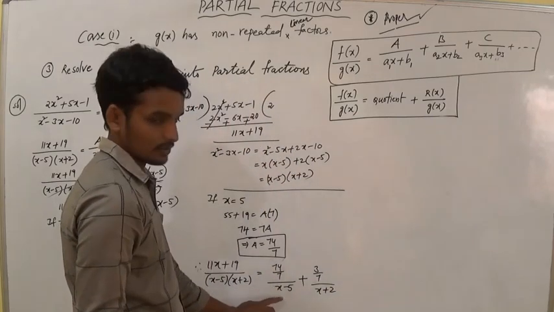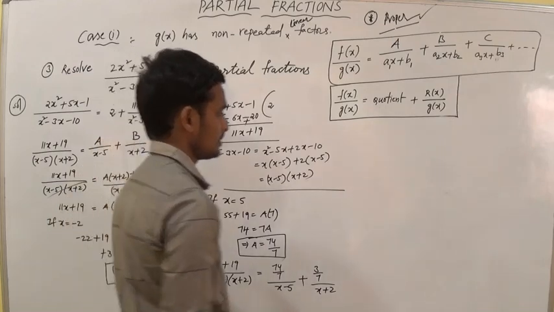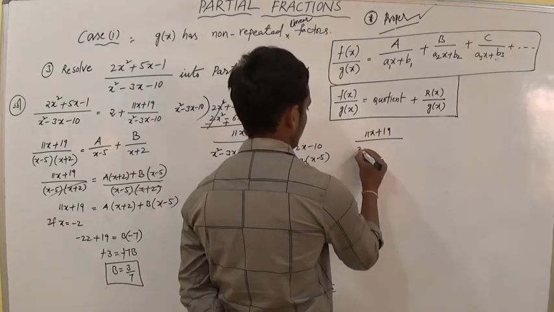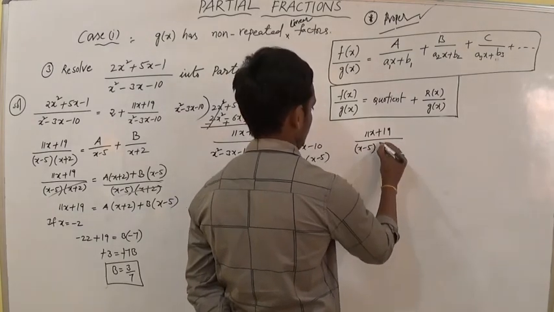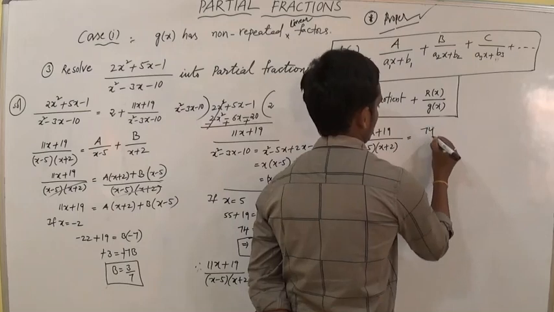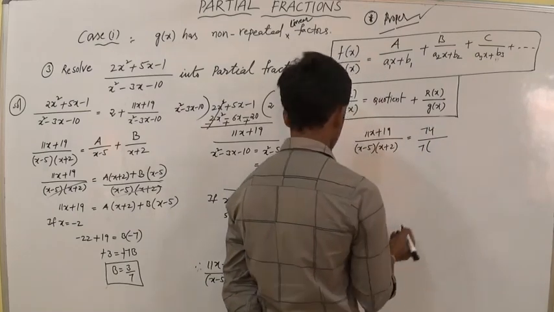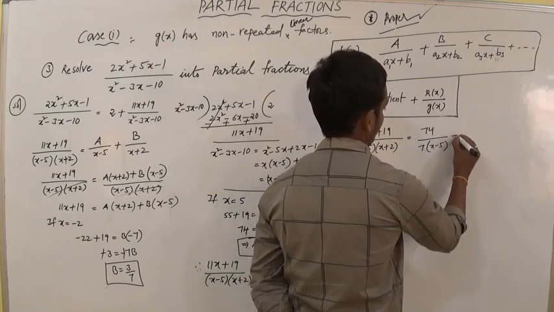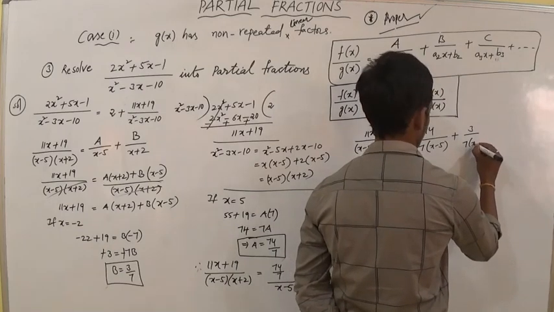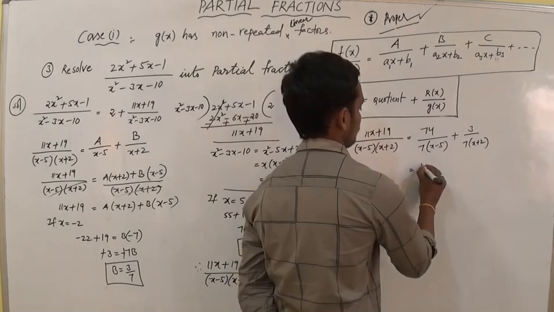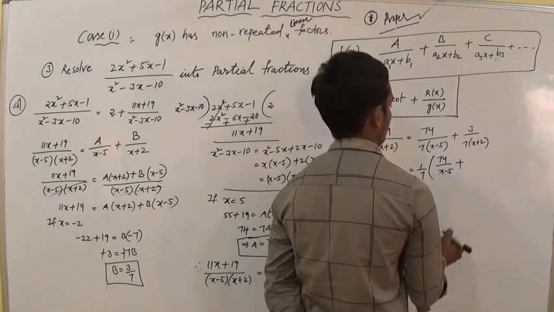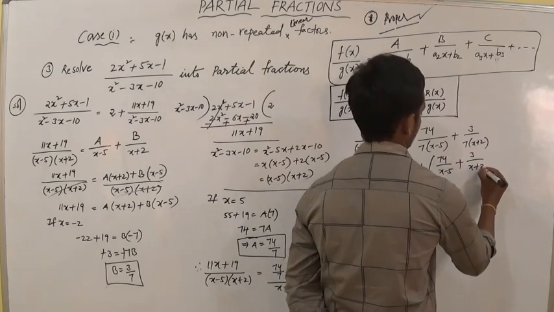So 11x plus 19 by x minus 5 into x plus 2 is equal to 74 by 7 into x minus 5 plus 3 by 7 into x plus 2. 1 by 7 is common in both cases, so taking 1 by 7 common, 74 by x minus 5 plus 3 by x plus 2.